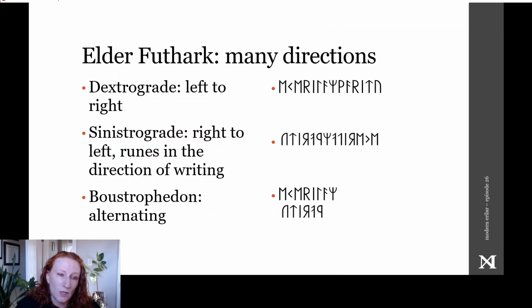One additional option for writing direction is an alternating pattern called Boustrophedon, or literally as the ox plows. The first line is read from left to right, and in the second line, the text is read from right to left, and the direction of the runes reverses.